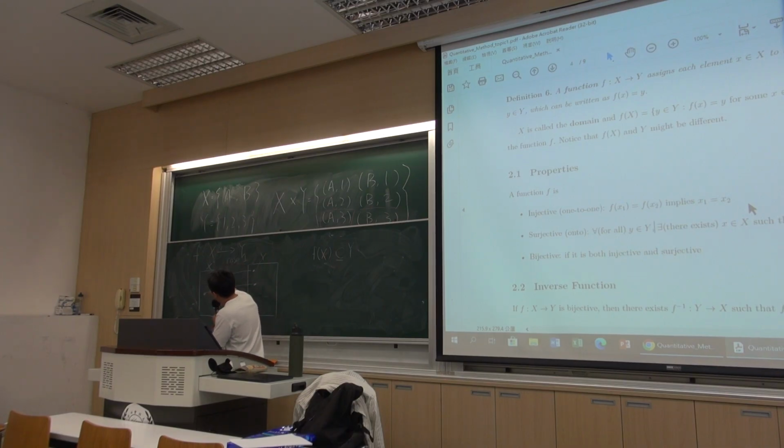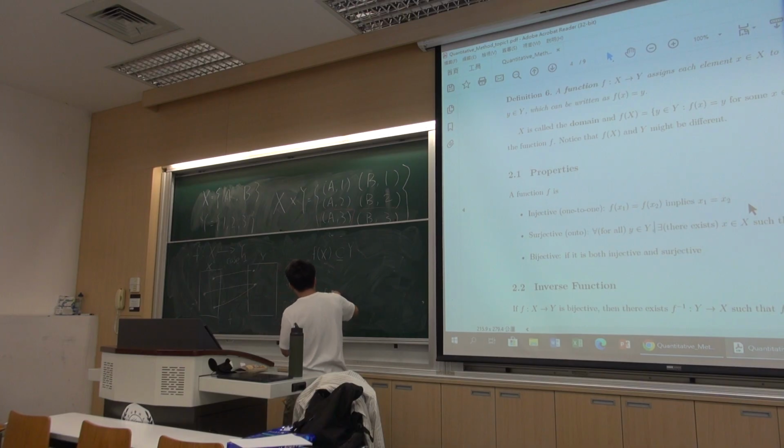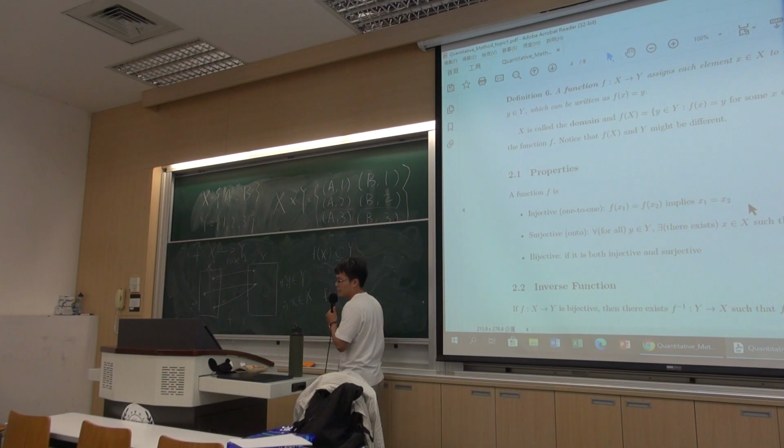So if we have a function that looks like this, this is also onto, because for all elements in Y, we can find an element in X such that f of x equals y. Right, so that is the onto function.